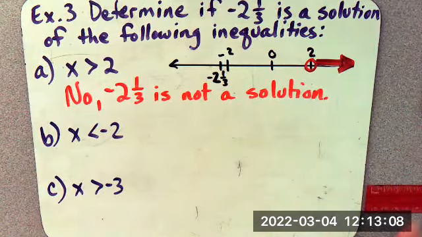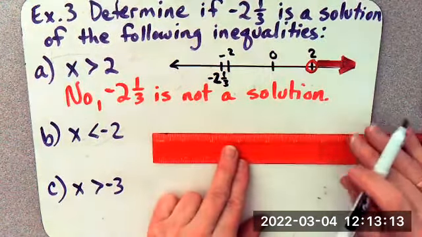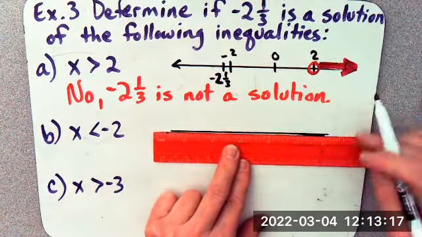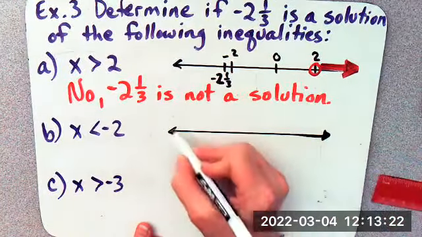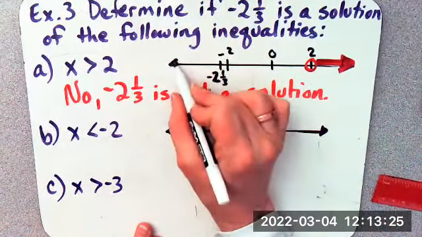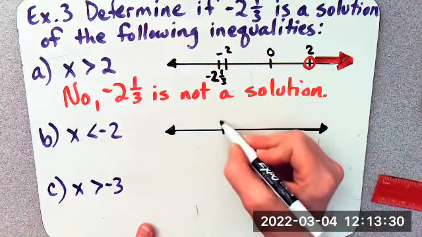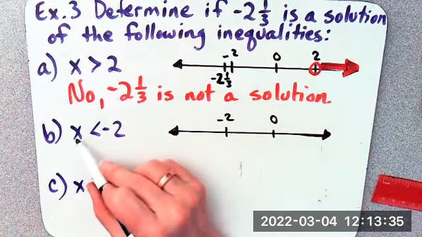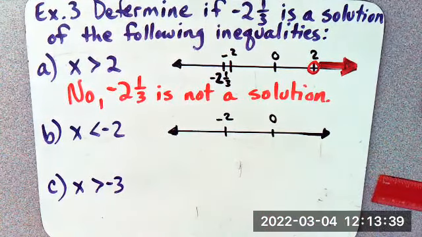So let's do this number line. I have -2 here and 0 here. This one's x is less than -2. Is 0 less than -2? No, 0 is not less than -2.